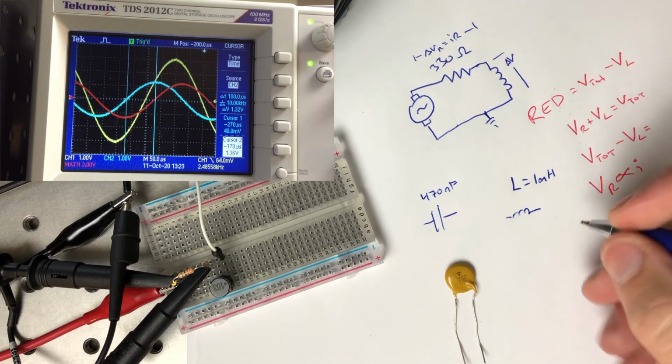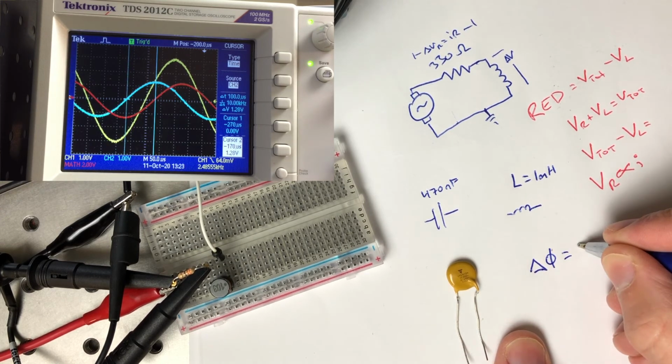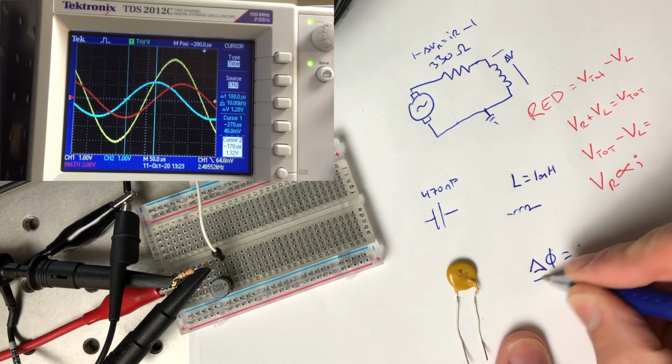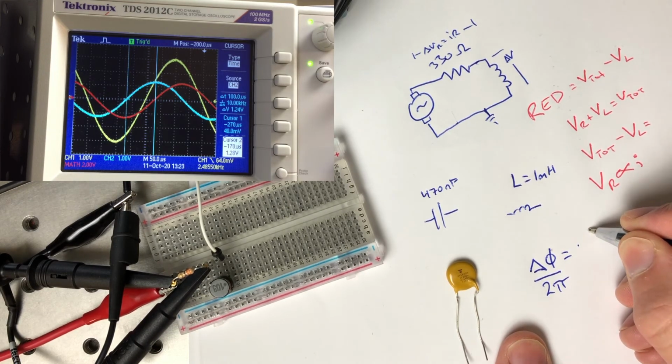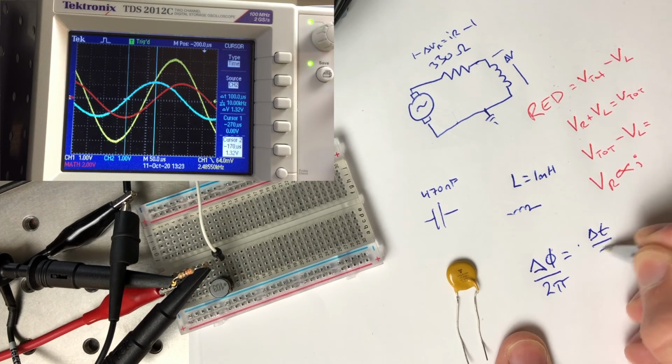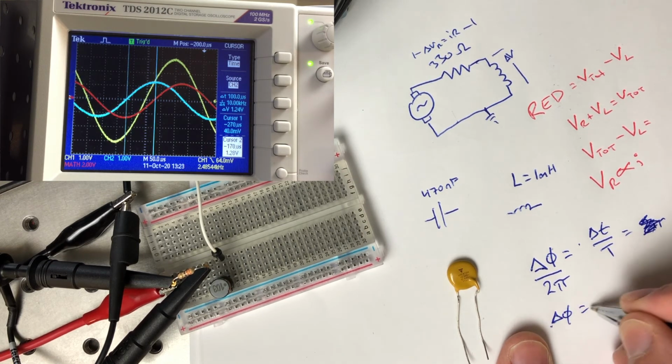So remember that my phase, by definition, delta phi over 2 pi, here's a nice way to remember it, was equal to the time, delta t, over a full period. Delta phi, my phase shift, is equal to 2 pi times 1 over T, which is f, times delta t.